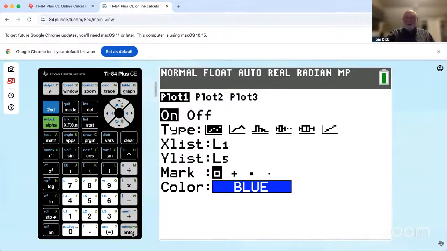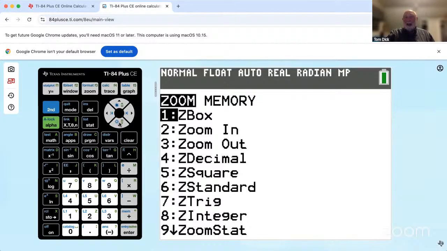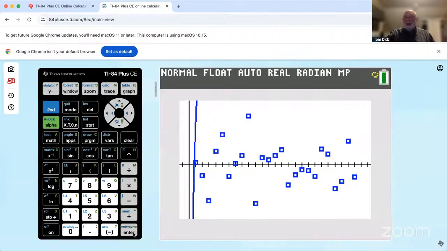Okay. And let me go ahead and do a zoom stat. And hopefully we'll get a very nice residual plot. The one thing I forgot to turn off was the Y1. And so I still have that graph. You're just seeing a little bit of it there. But this is that residual plot.